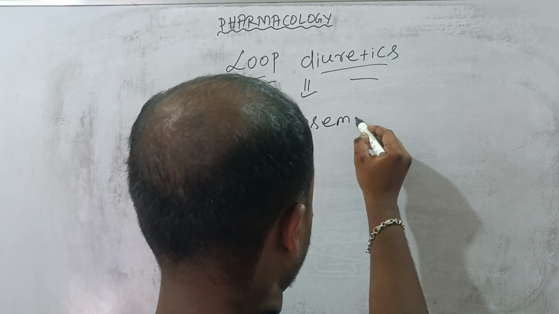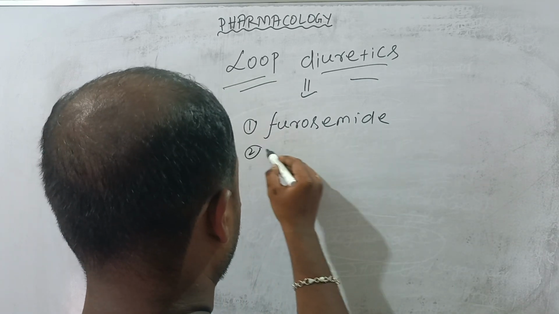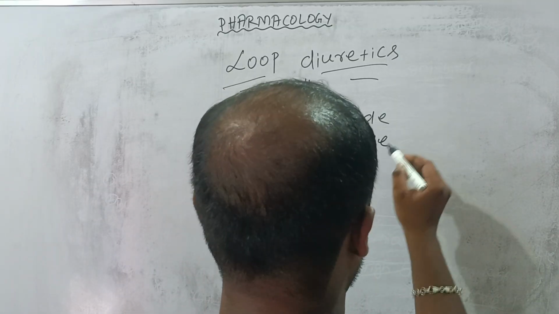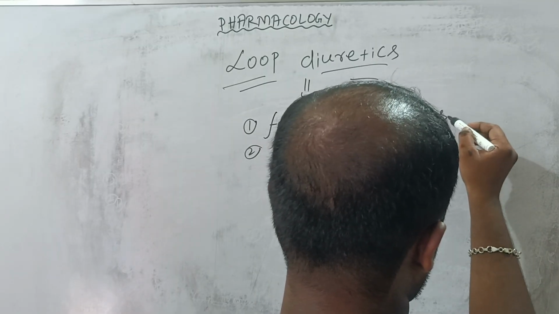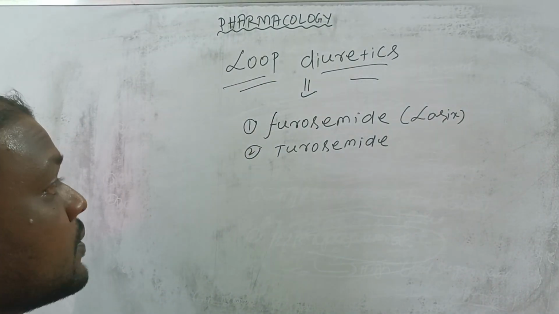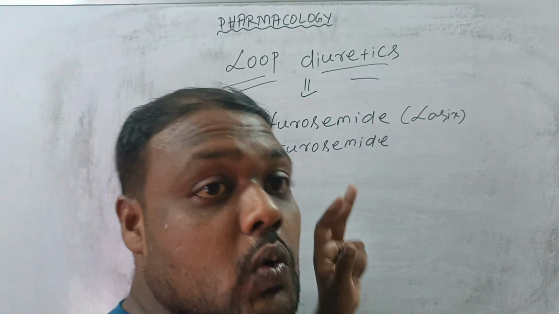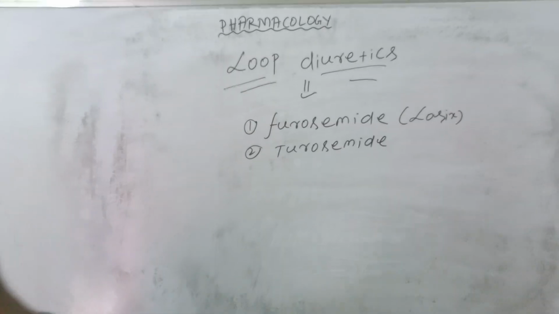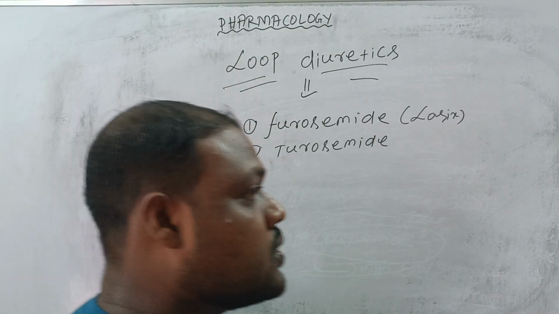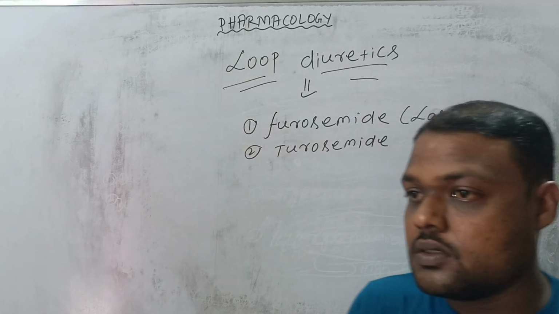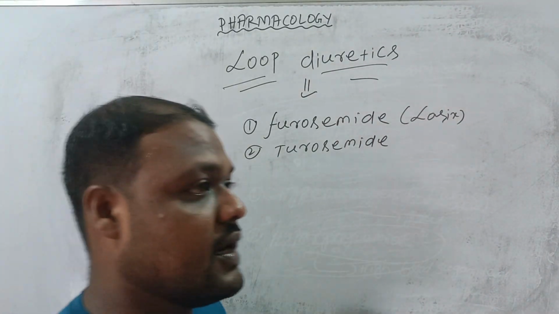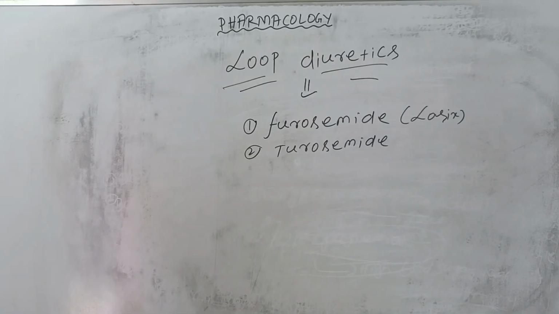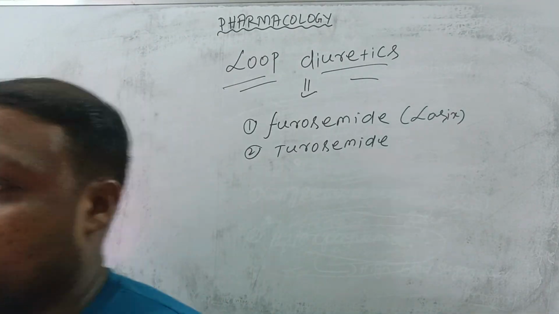Furosemide means Lasix. Clear? They work on the thick ascending loop of Henle, also called the ascending loop of Henle.